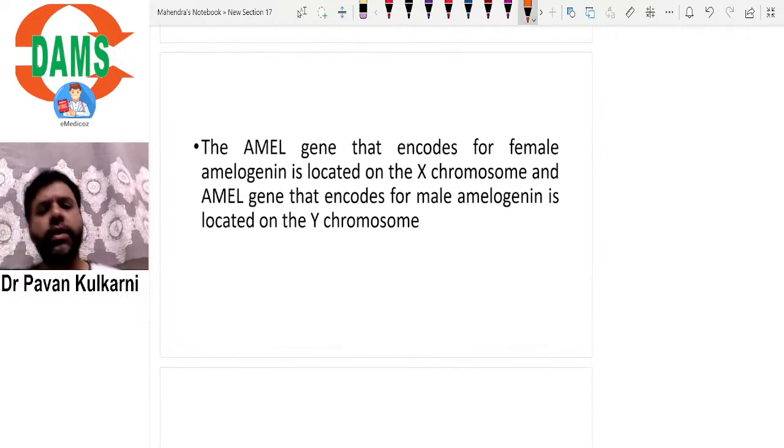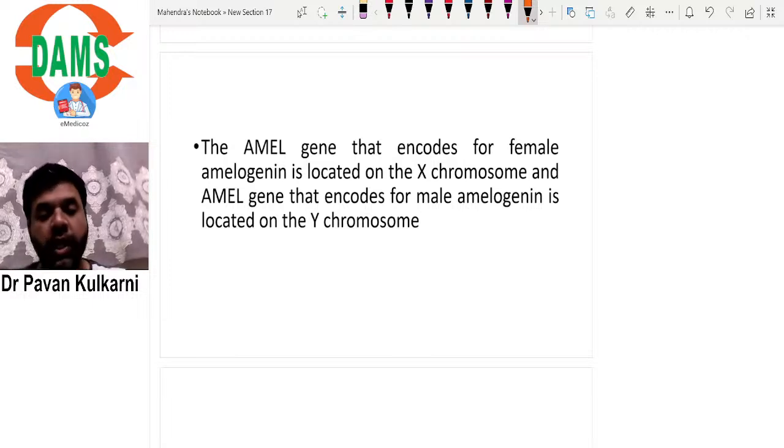In females, remember, this amelogenin gene is located on the X chromosome, whereas in males this amelogenin or Amel gene is located on the Y chromosome. So the chromosome is totally different here.